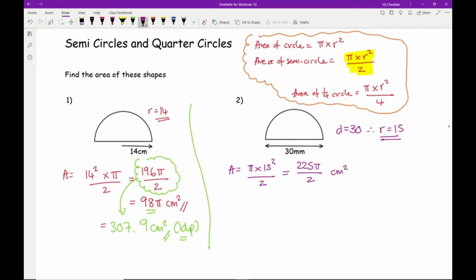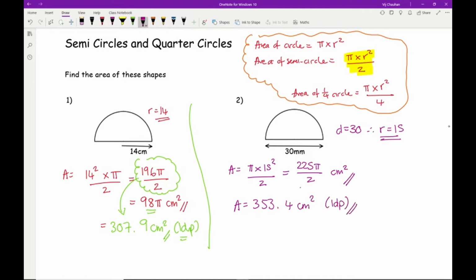Now because 225 is not an even number, I can't divide by 2, so I'm going to either leave the answer like this, or I could type this into my calculator. So 225, or 15 squared, times pi divided by 2 gives me 353.4 centimetre squared, and that I've rounded to 1 decimal place.